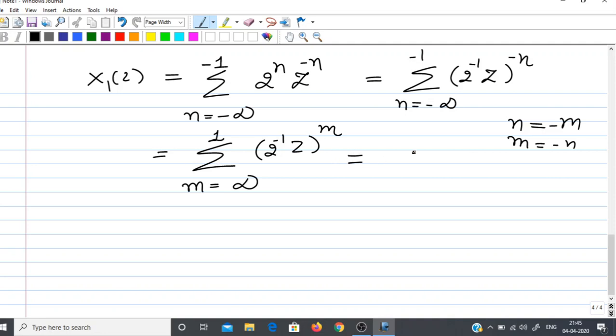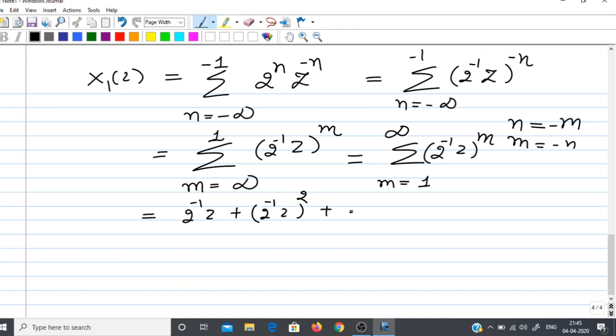So this is m from 1 to infinity of (2 inverse z) to the power m. If I expand this, I get 2 inverse z plus 2 inverse z squared and so on, and again this is an infinite GP.